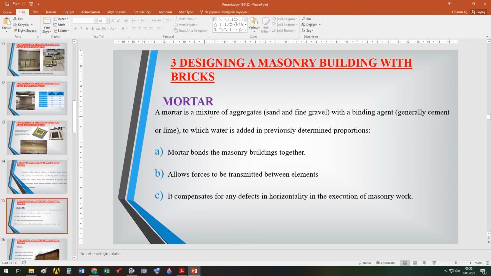Mortar: a mortar is a mixture of aggregates, sand and fine gravel, with a binding agent, generally cement or lime, to which water is added in previously determined proportion.